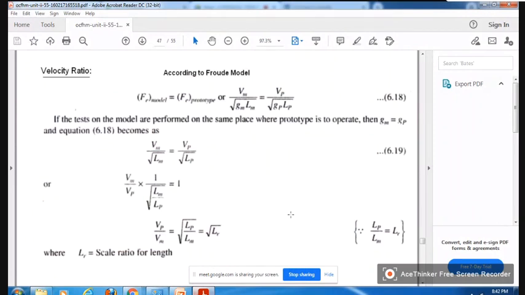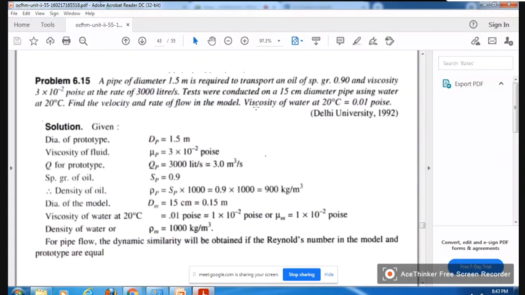These are some of the derivations. As I said, the Froude number of the model is equal to the Froude number of the prototype, so Vm by square root of Gm Lm. That is the formula.